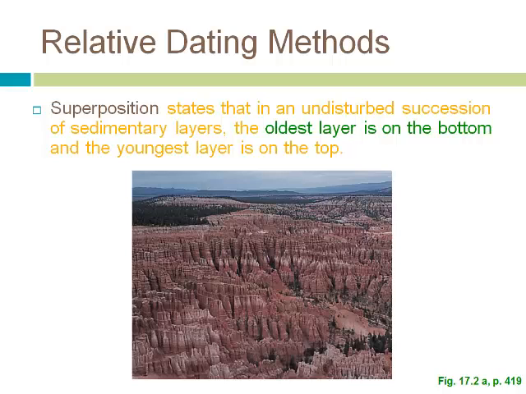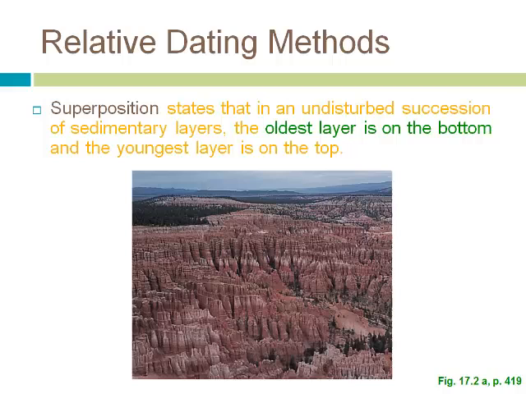And we have some principles of relative dating that we derive from this idea of uniformitarianism, and that's superposition, which is one layer on top of another, and the layer that's on the bottom is the oldest. We have the idea of original horizontality, that all layers were laid down horizontally.